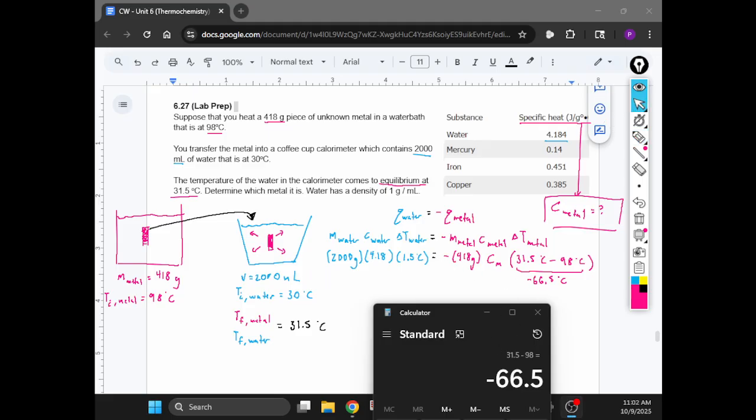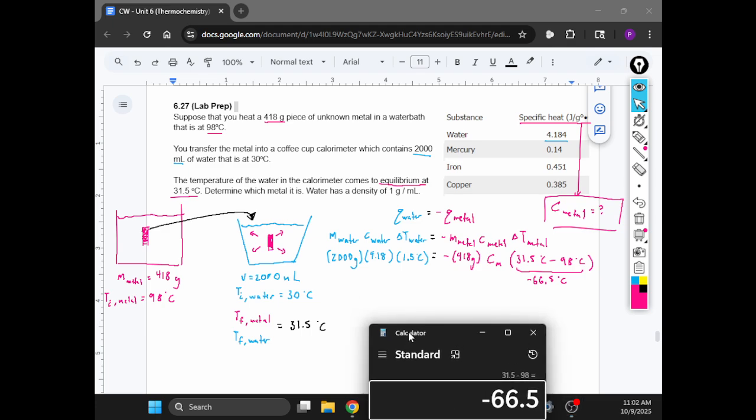Okay. If you wanted to rearrange the equation to solve for C, you can do that, but I'm just going to straight solve it. So 2,000 times 4.18 times 1.5. On the left side of your equation, on the water side, you'll end up with 12,540. The grams and the Celsius cancel out, so it'll be joules.